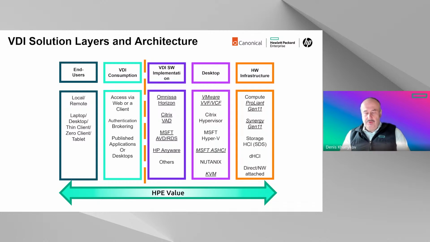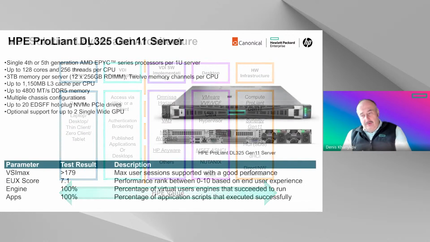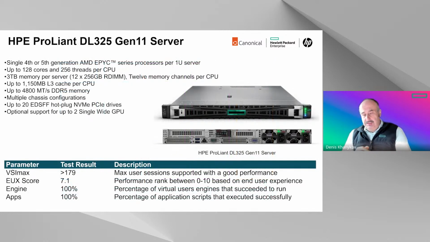So what is important to consider when we're choosing the right platform for hardware infrastructure? We recommend using HP ProLiant servers powered by AMD EPYC 4th and 5th generation CPUs. Why is that so? Remember, I was talking about exceptional user experience in VDI environments. So what helps us to achieve and deliver that?